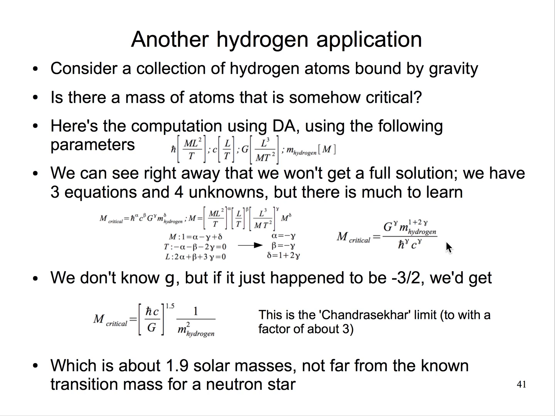Now, at this point, you'd have to stop. But it turns out that this is correct once you find out that gamma is equal to minus 3/2. You get this.